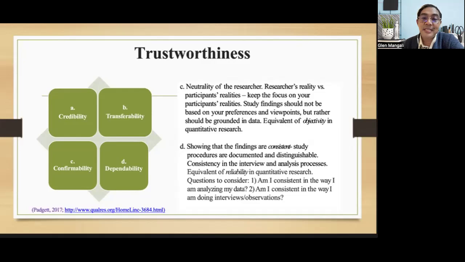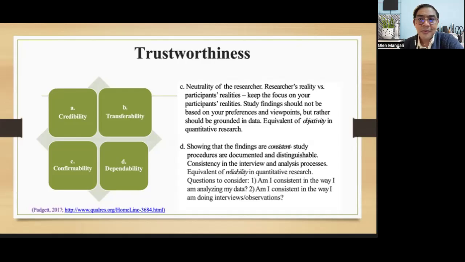So the equivalent of objectivity in quantitative research is showing that the findings are consistent, and the study procedures are documented and traceable, meaning that the consistency in the interview and analysis process is really reliable. So you need to answer the question, am I consistent in the way I am analyzing my data, or am I consistent in the way I am doing interviews or observations?